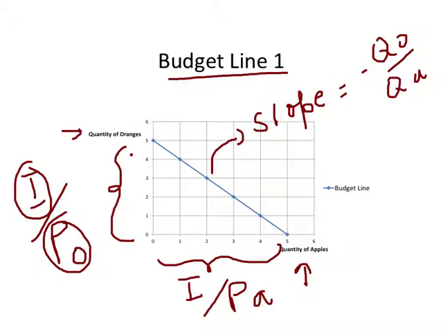Now, based on the way I described this problem, we know income and prices. And so if we were to write the slope in terms of prices or the numbers we know, this will be price of an apple divided by price of an orange.